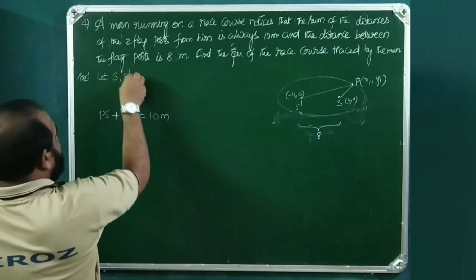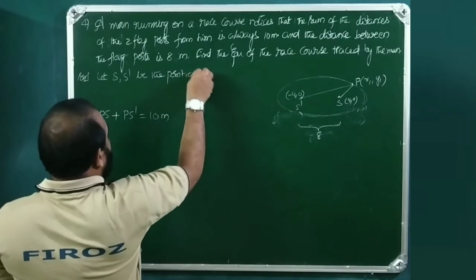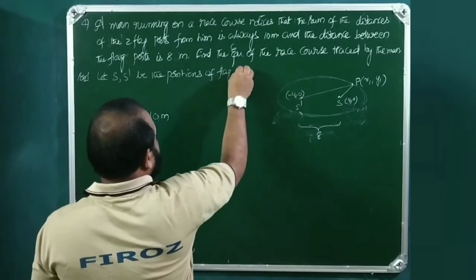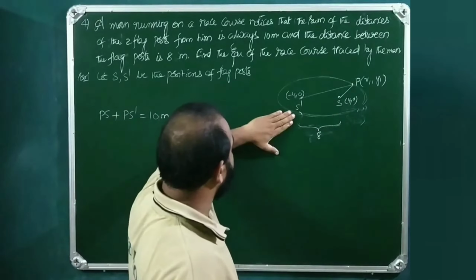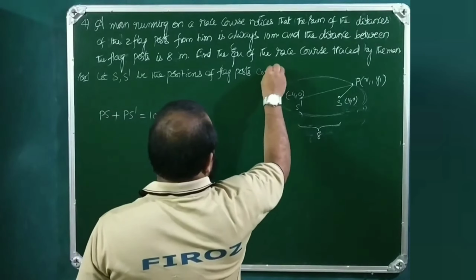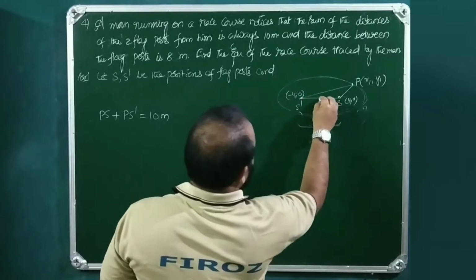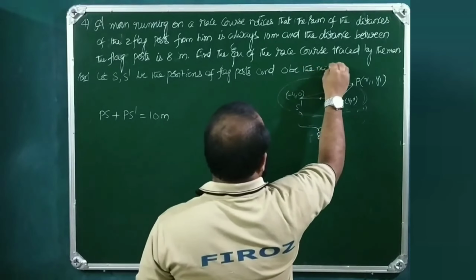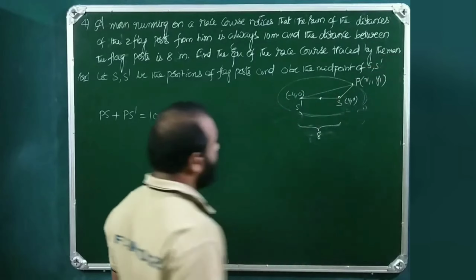Let S comma S dash be the positions of the flag posts and O be the midpoint of S S dash.